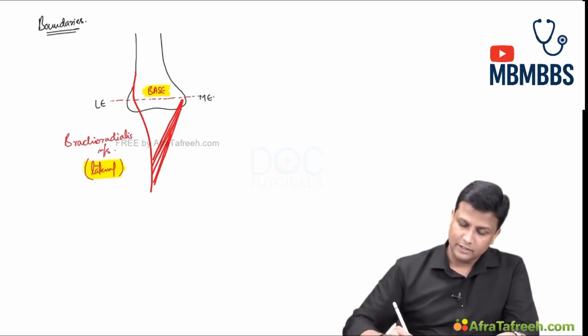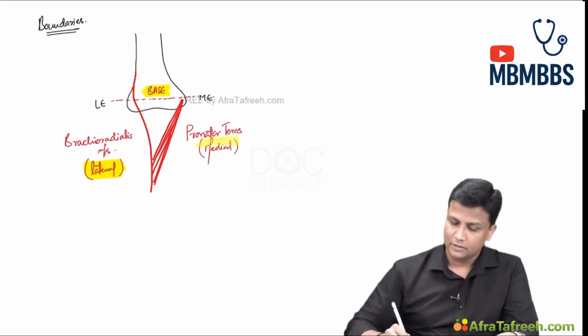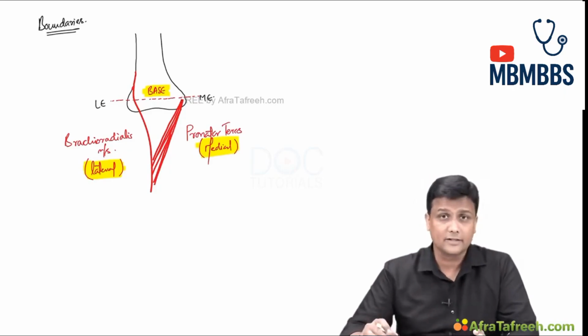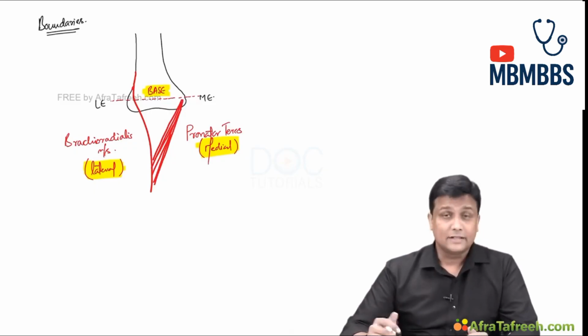And then on the medial side you will see the pronator teres muscle, which forms the medial boundary of the cubital fossa. So on the medial boundary there is pronator teres, on the lateral side brachioradialis, and the base is formed by just the imaginary line. Fine. Now this makes it easier.